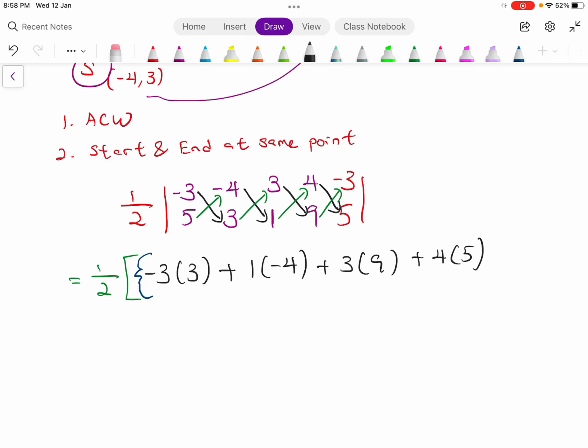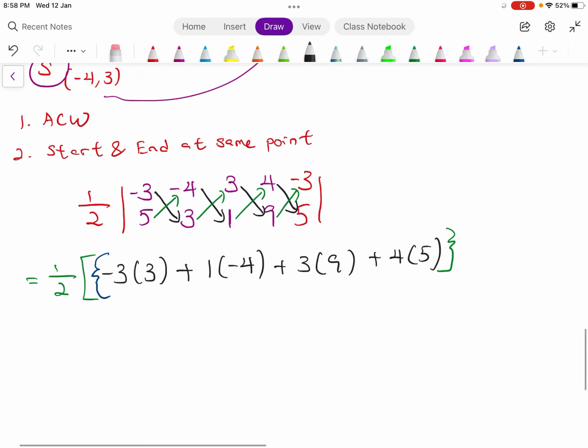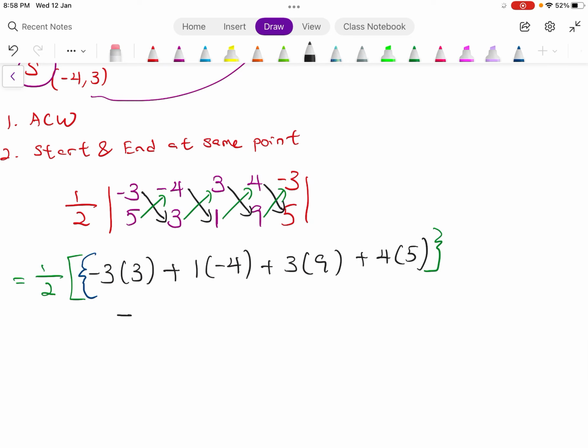That is the first part. There's another green color arrow, so before that you put a curly bracket first. Next you put a minus sign, then another curly bracket.